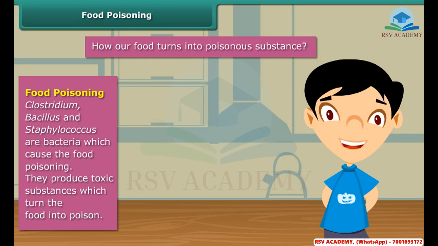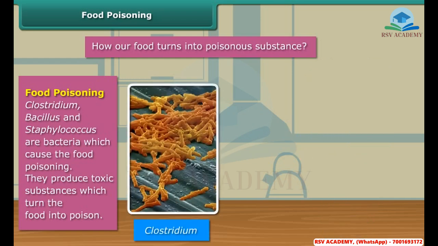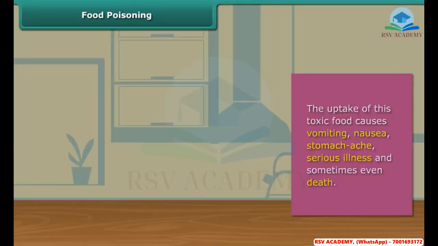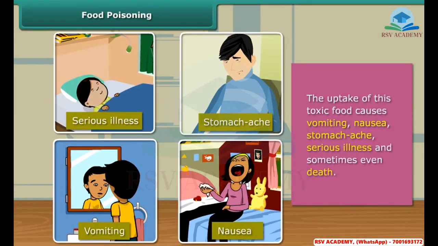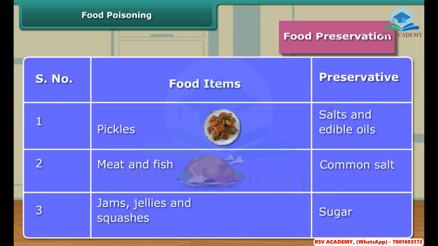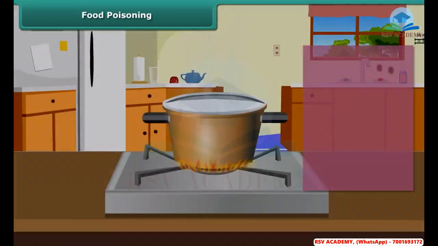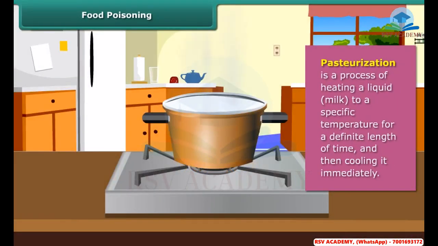Some bacteria like Clostridium, Bacillus, and Staphylococcus cause food poisoning. This food causes harm to us. We can preserve our food by some methods as listed below. We use the pasteurization process to preserve milk.